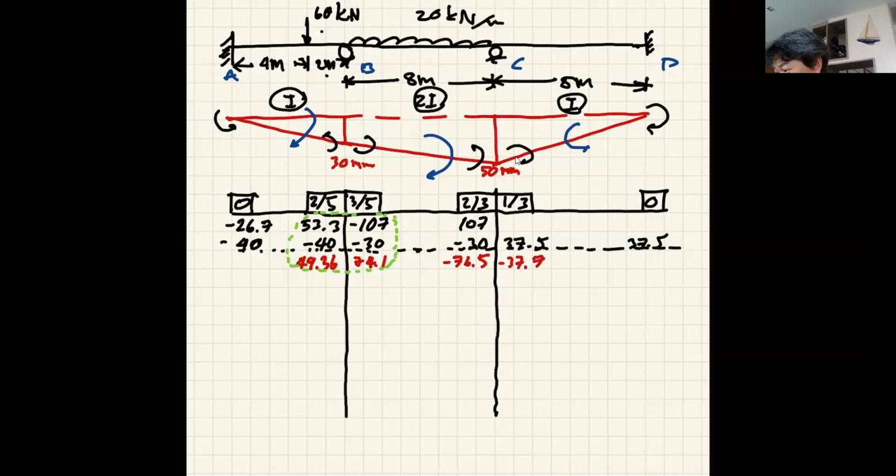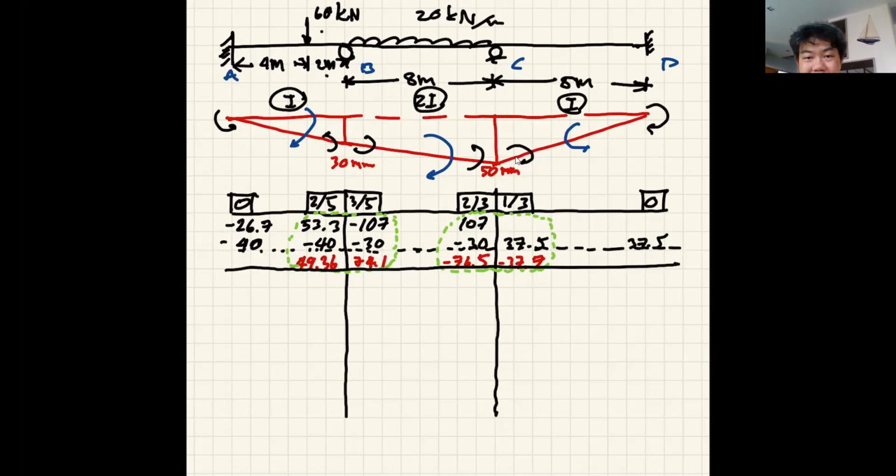Again, after you balance your moment, this better be 0. So now this time we can truly say this is the end of our first cycle. And you now may begin your carryover.